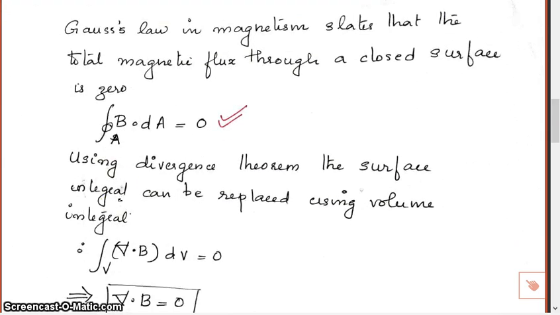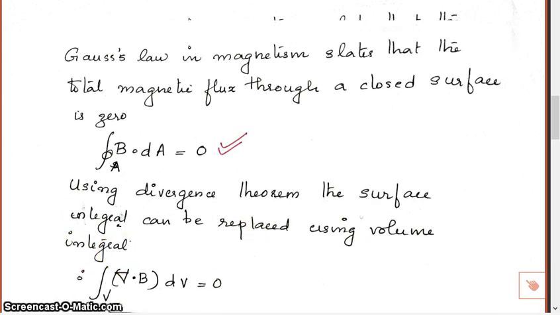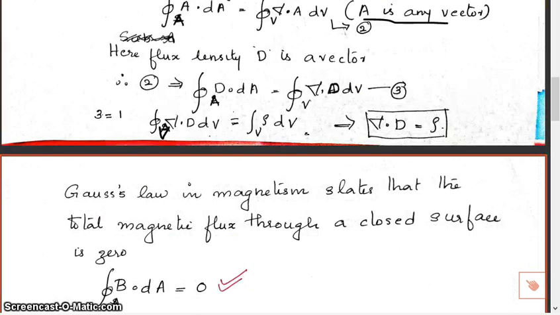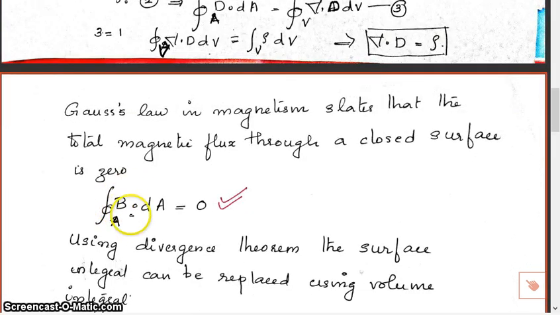Now using the divergence theorem, the surface integral can be replaced by a volume integral, right? Because here you can see the divergence theorem: the surface integral of A dot dA is equal to the volume integral of del dot A dV, where A is any vector. In this derivation, B is the vector.